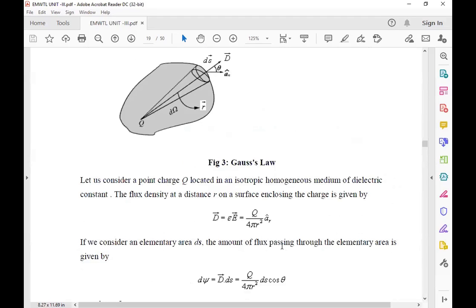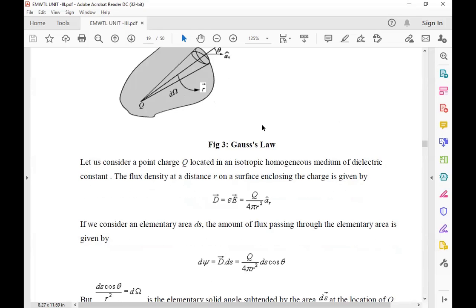Inside there is a positive charge, and from the positive charge the electric flux lines originate and pass through this differential surface. The flux passes through the differential surface, the elementary area.